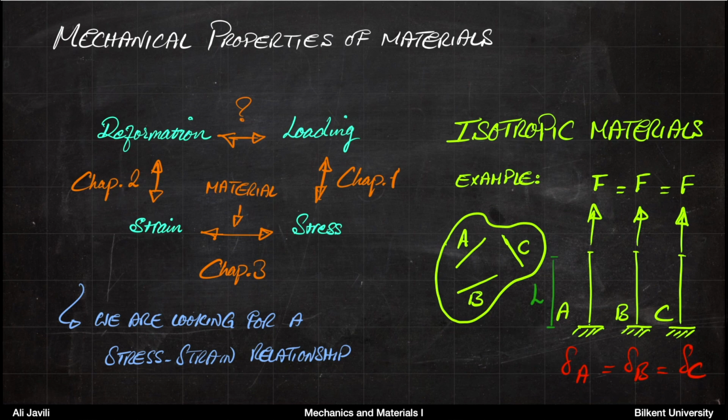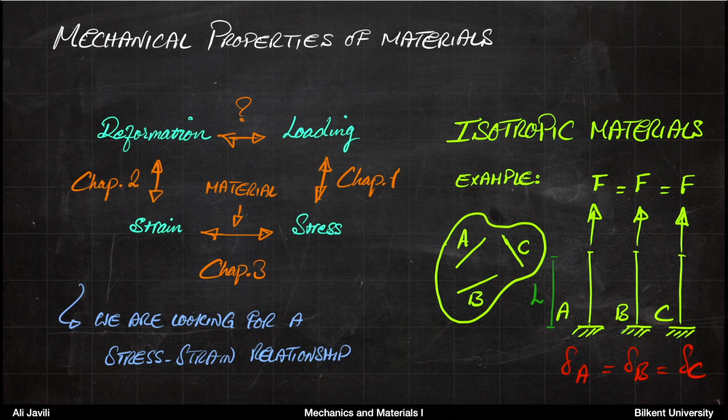So how can we explain it? If you think of a body, for instance, and in that little body you take three pieces in different directions, let's say pieces A, B, C, you cut these pieces and let's say you fix them at the bottom and you apply equal load on top of them.